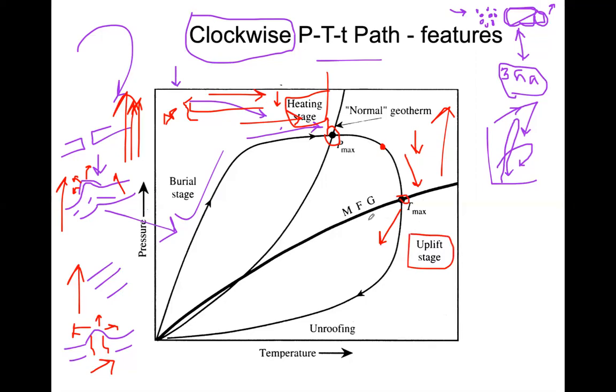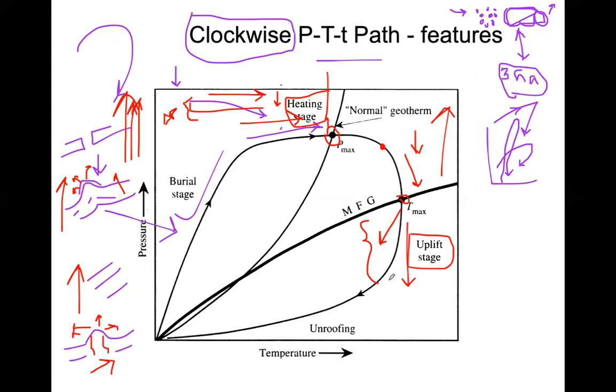And there, the pressure decreases very significantly, because erosion plays a big role in removing the overlying rock mass and making the rock come to the shallow levels faster. So that's why you have a heavy pressure decrease in this region.